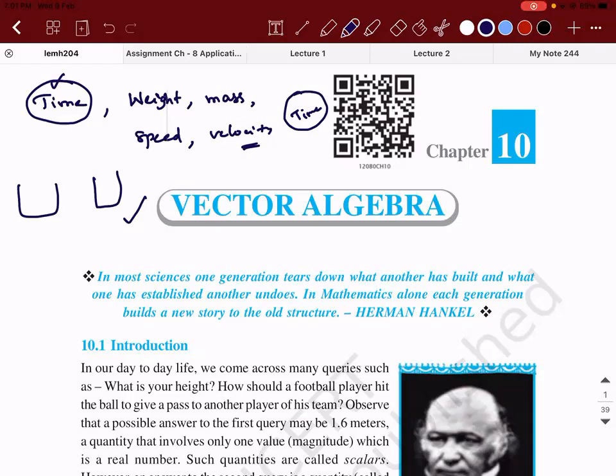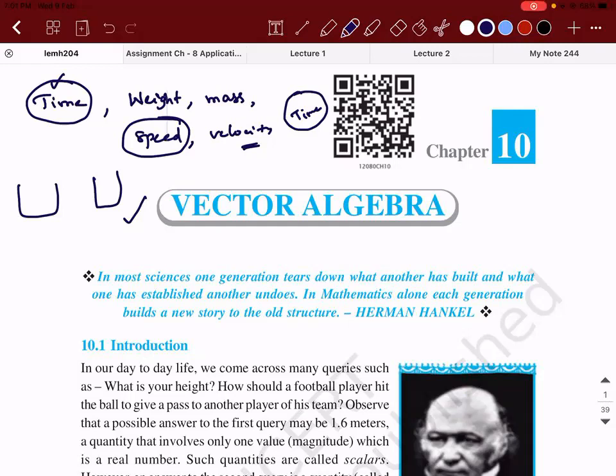Similarly, I don't want to get into weight. Similarly, if I talk about speed, let's say you're going in a vehicle and you are trying to see the speedometer, you will say the speed of your particular vehicle is, let's say, 40 kilometers per hour. But you will never say the speed of your vehicle is 40 kilometers per hour in north direction, east direction, or something like that.